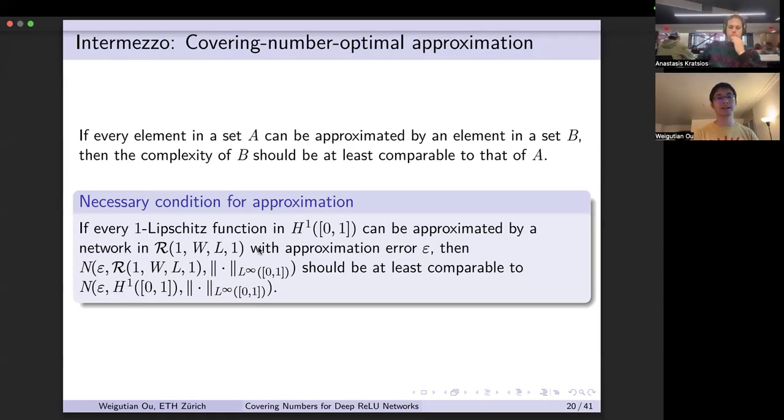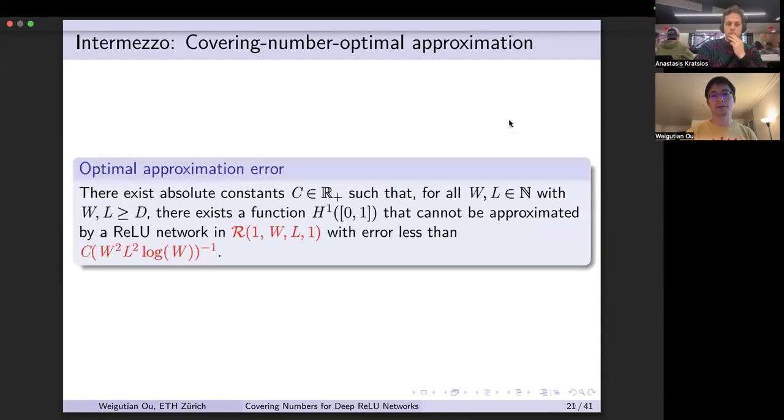So we have an inequality here, and we can plug in the covering number for the neural network and also the covering number for 1-Lipschitz functions, which is provided in the literature too. Then we show that our approximation result is optimal and couldn't be improved anymore.